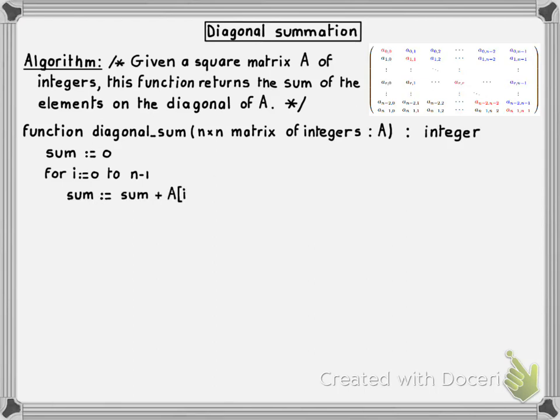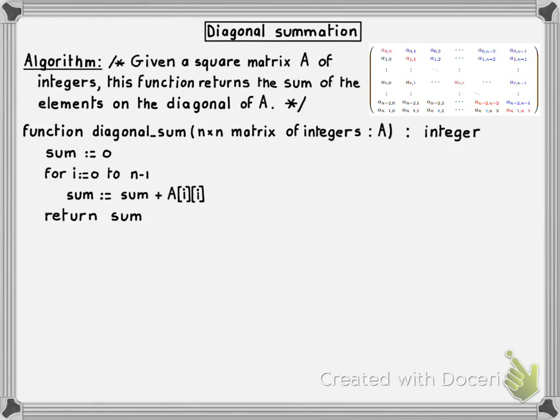So sum is assigned a new value of sum plus A[I][I] at each iteration of the for loop. At the end of the loop, the final result is stored in the variable sum, and therefore we return that.